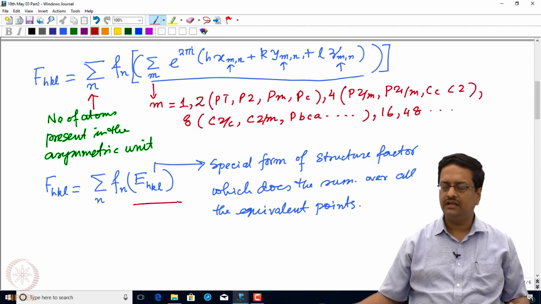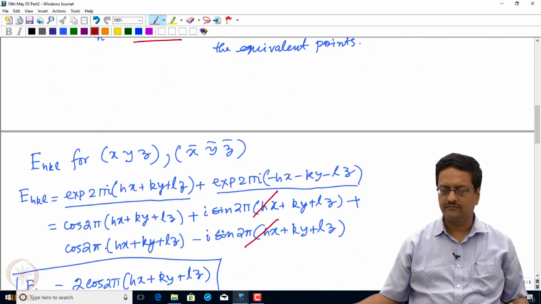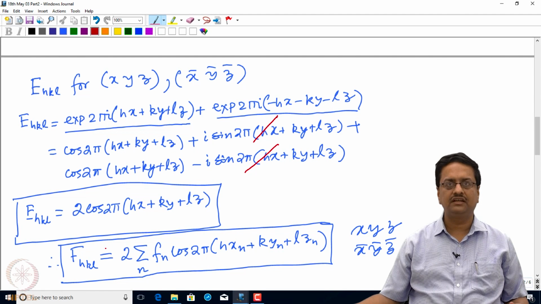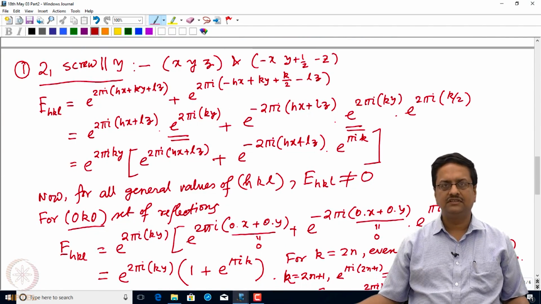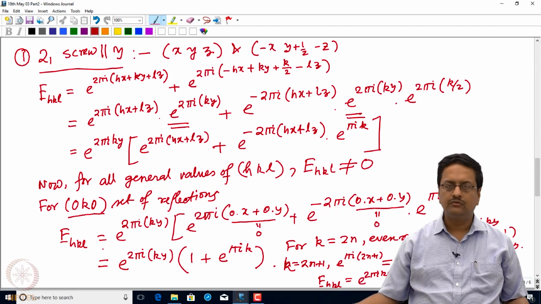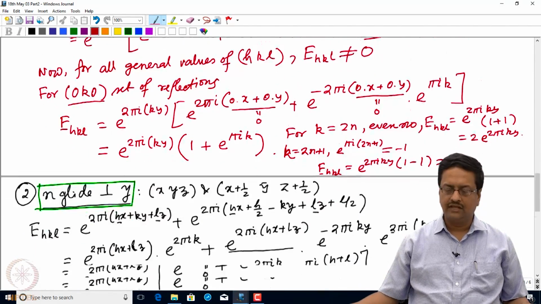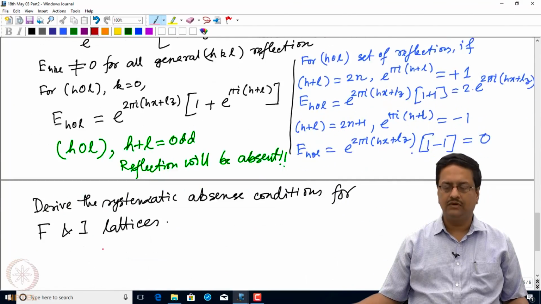And then from there we tried to derive the expressions for different symmetry operations present in a lattice. We have seen it for the centrosymmetric lattice crystal, where you have equivalent points x, y, z and x bar, y bar, z bar, and then we derived the systematic absence conditions for the 2-fold screw parallel to y and the n glide parallel to y.